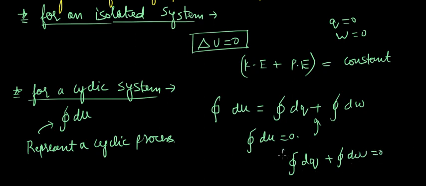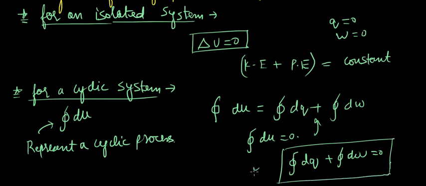Okay, as U is a state function, hence for a cyclic process something like this. So I'm just showing this, but for a cyclic process, as U is not dependent on the path, if you go from one point and again reach the same point, then delta U would be 0.